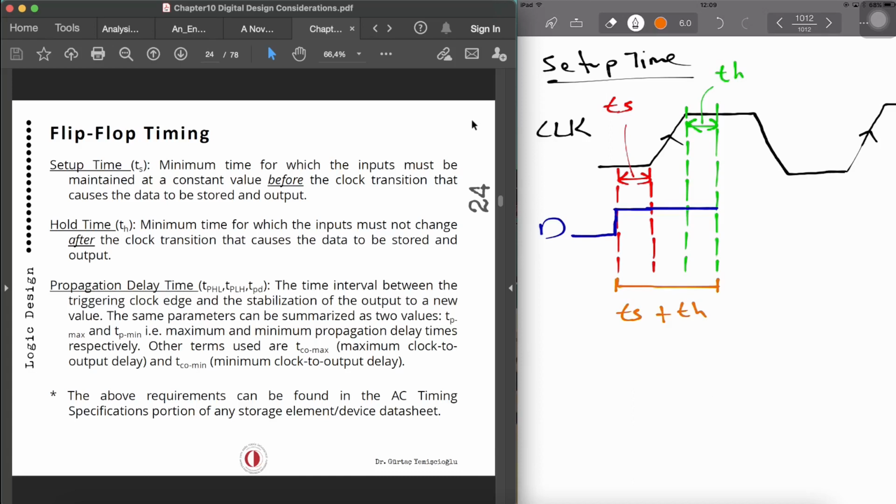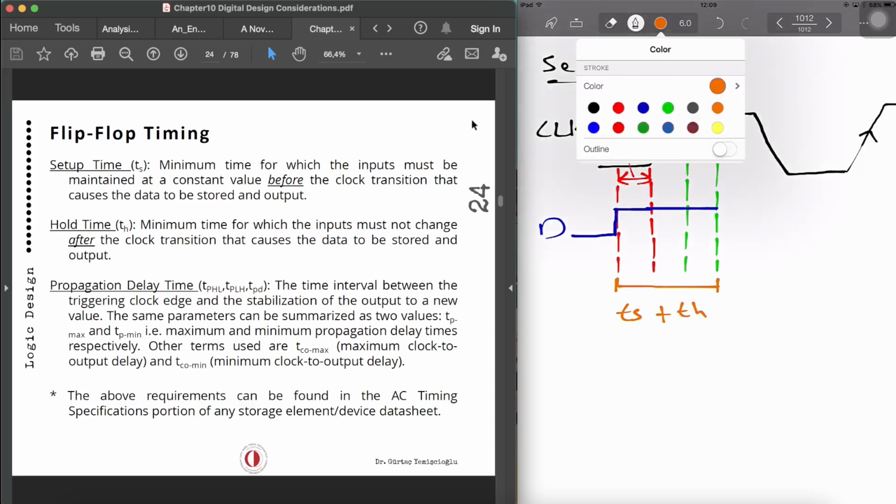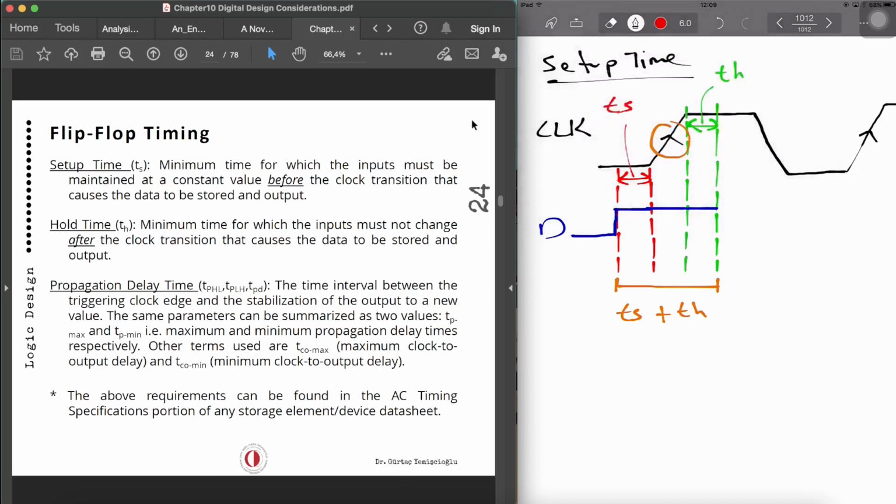So the triggering clock edge, which we consider this part, and where you start to see the output stabilization, that will be the propagation delay. So if we assume that this is a D-type flip-flop, your Q is going to change. Let's say it starts with 0, initialized, reset. So your Q is going to change somewhere here.